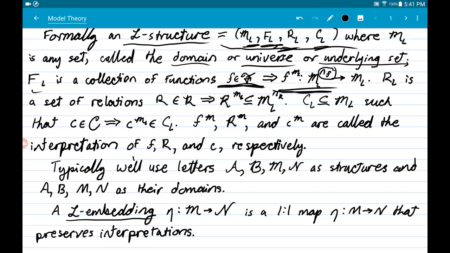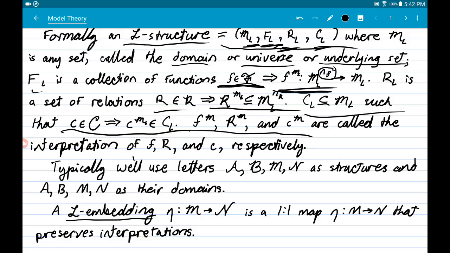That's what this is doing here. Similarly, RL is a set of relations associating the dead relation symbol with a meaning in the structure, namely a relation on the domain of appropriate length. And then we also get a collection of objects in the domain such that every symbol in the language is associated with an object. And we say that these functions, relations, and objects, or elements of the domain, are interpretations of the symbol.